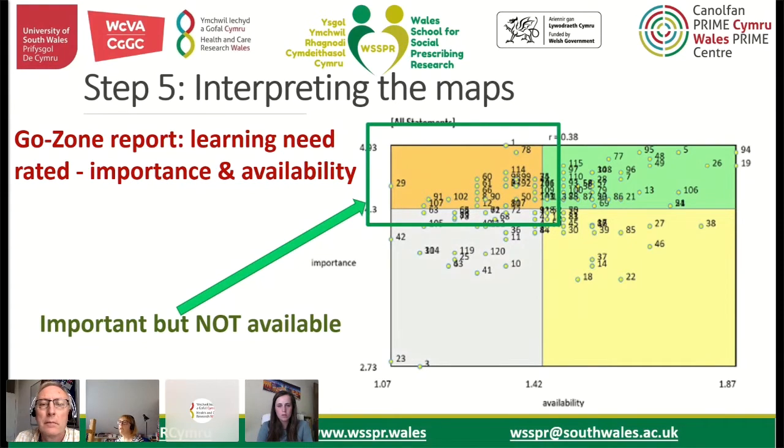And so you can imagine for those in the green zone where they're most important and available, then, you know, as a commissioner, I won't be so worried about that group of cluster of statements. But the orange ones are where I'd be concerned and perhaps looking to commission learning for those people undertaking this role.